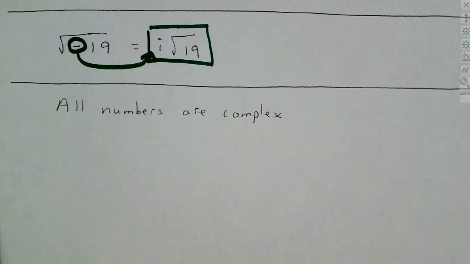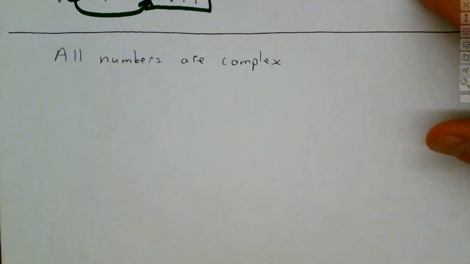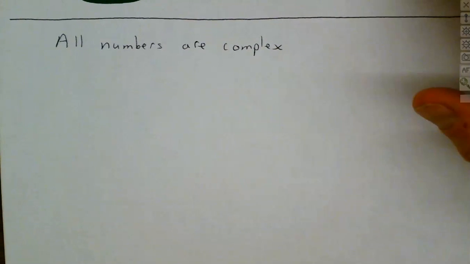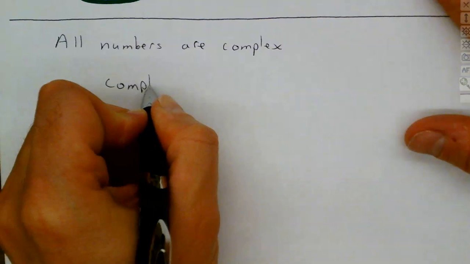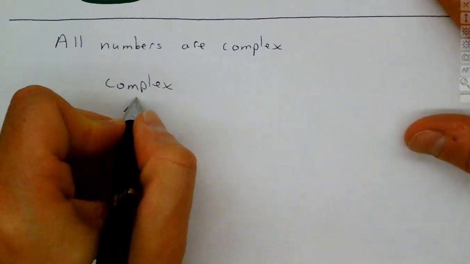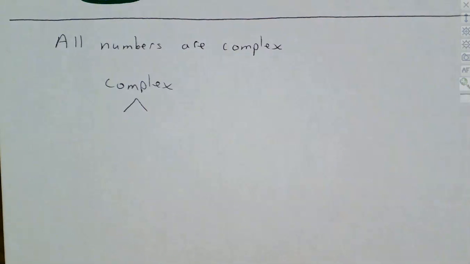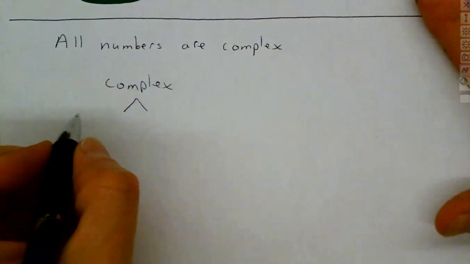Shrubs, trees, whatever, they are plants. When we classify numbers, all numbers now are complex, so they're at the top. And we can take our complex numbers and break them down into real and non-real complex.